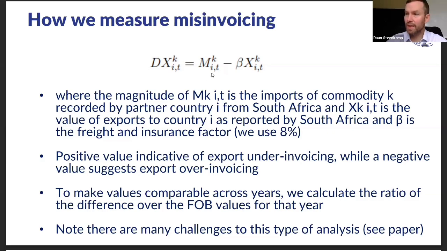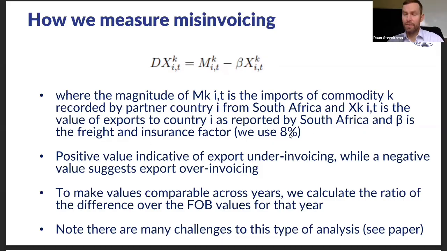So what we do is we look at the value of imports for a commodity K from a country I for a period T, and we compare that to the value of exports as reported by South African exporters, where beta here is a factor that we use to account for the costs of freight and insurance.